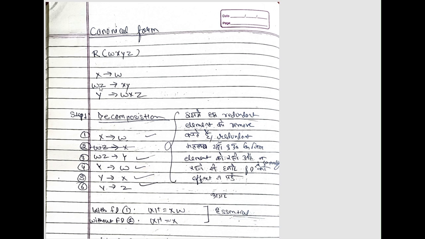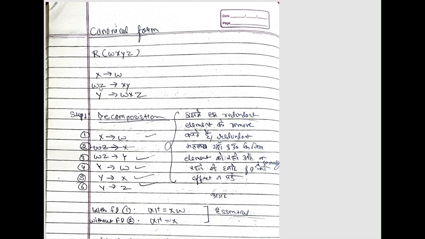They can also create a redundancy in a table. In canonical form we are trying to minimize the dependencies of attributes. Basically we want to remove the redundancy of an element from the functional dependency.